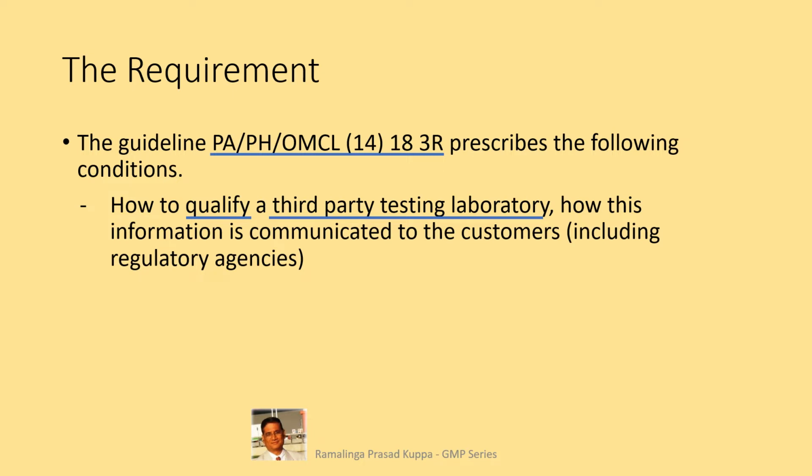This guideline describes how the contract laboratory is selected, qualified. The guideline also describes the responsibilities of contract giver, that is the original manufacturer, and the contract acceptor, that is the third party laboratory.